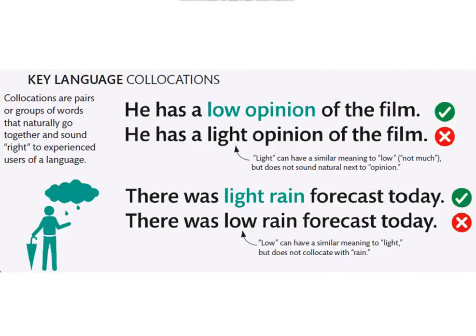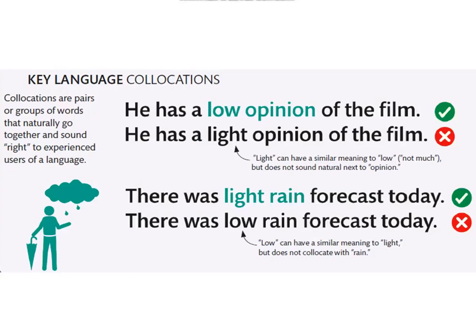Let's see now collocations. Collocations are pairs or groups of words that naturally go together and sound right to experienced users of a language. Let's see the two sentences here and we will see the difference between them. He has a low opinion of the film.